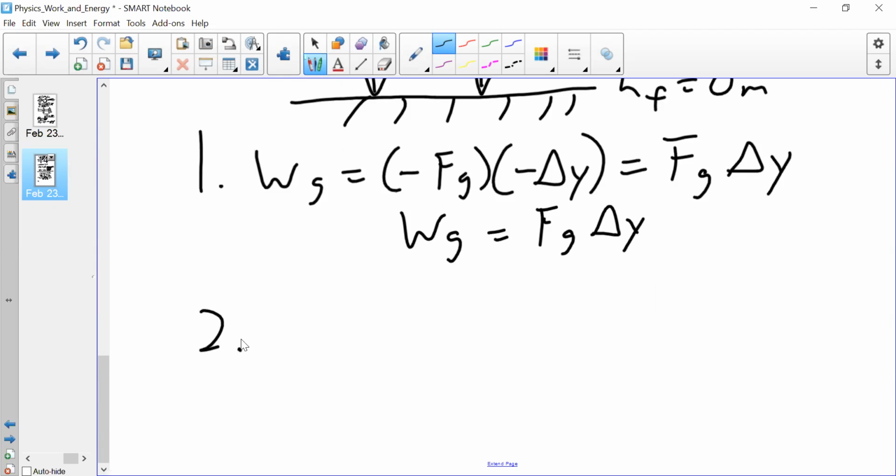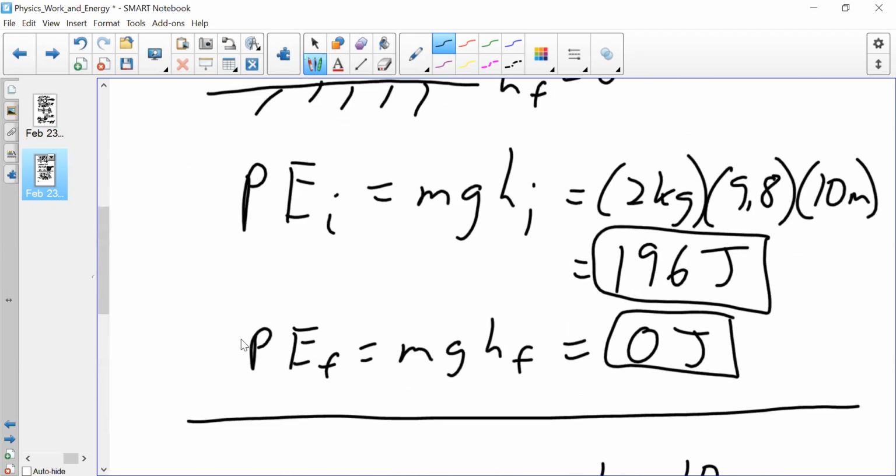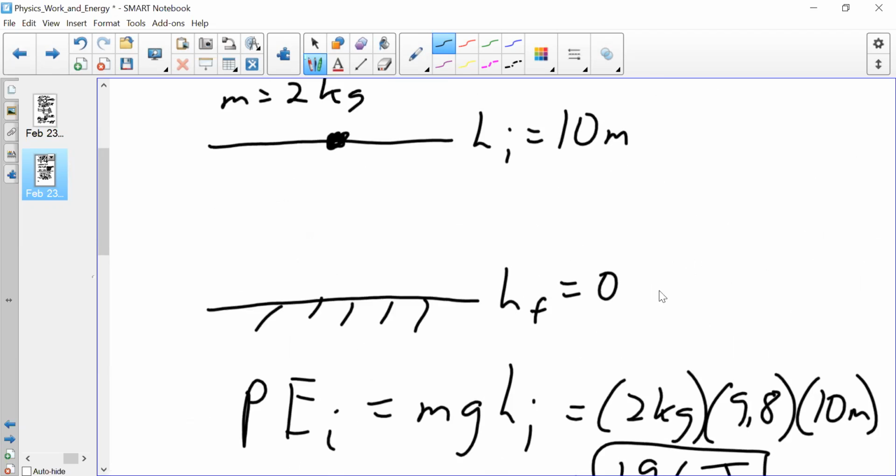The second thing we can notice is that even though gravity does positive work, at the same time, the change in potential energy is going to be negative. How do you know that? Well, we just looked at the first case up top. We saw that the potential energy at this point is going to be 0, and that's the final potential energy, and the initial potential energy is going to be 196.